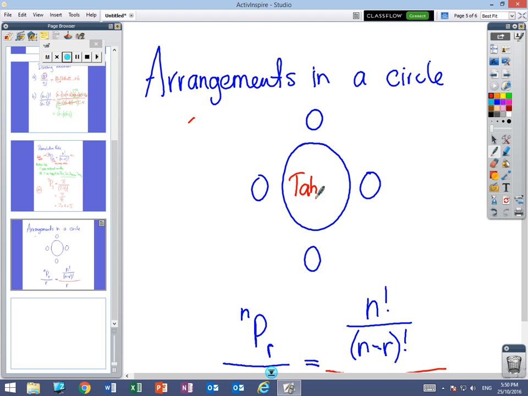This example is a table that's got 4 seats, and the question is, how many different ways could 7 people be seated 4 at a time around this table?